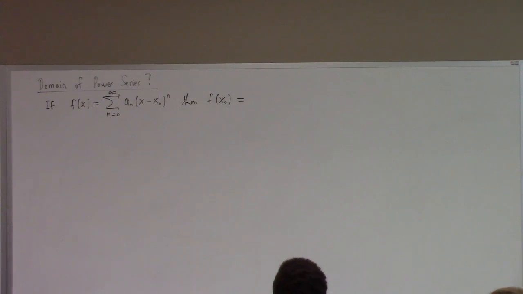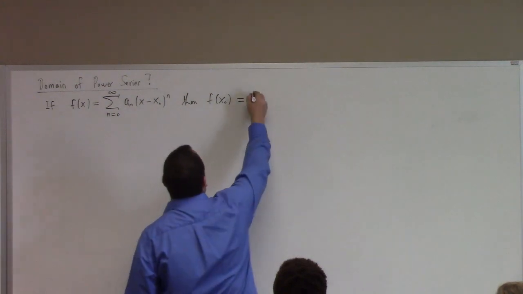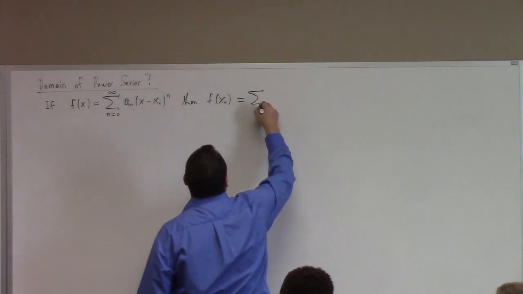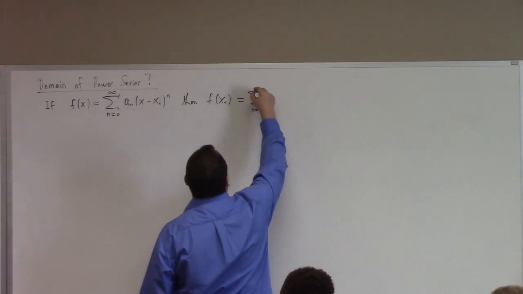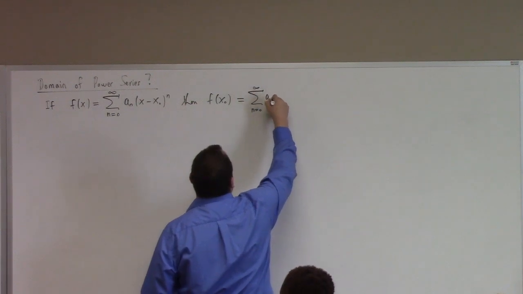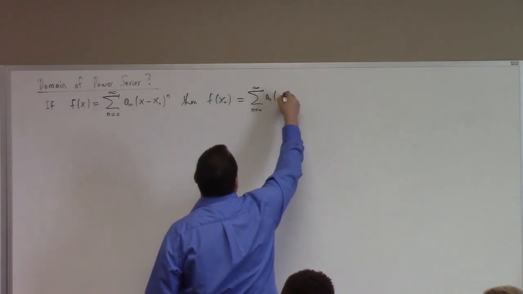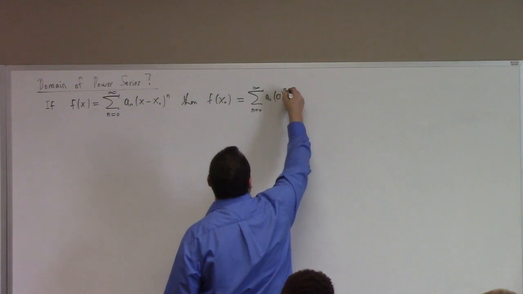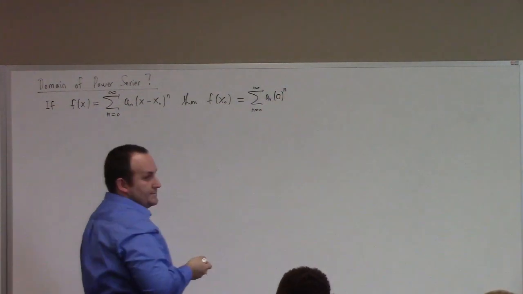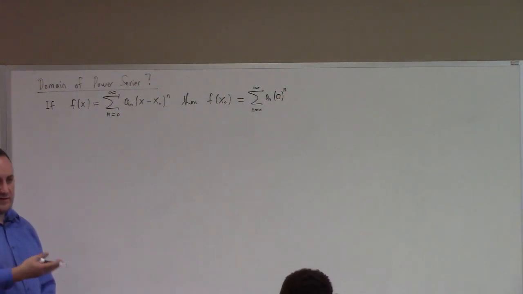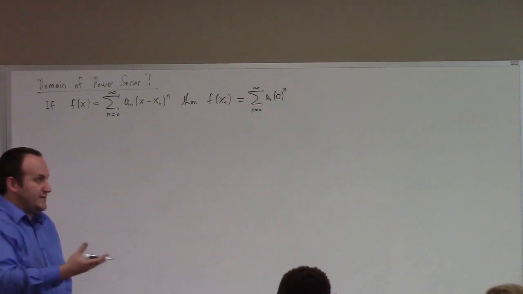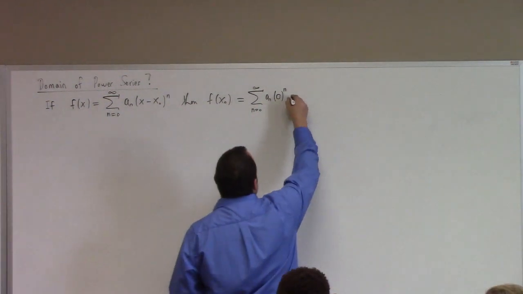What happens when you set x equal to x naught? Yeah, this is x naught minus x naught, which is 0, right? So 0 to the n is just 0. So this is the 0 series, which is converging to 0.